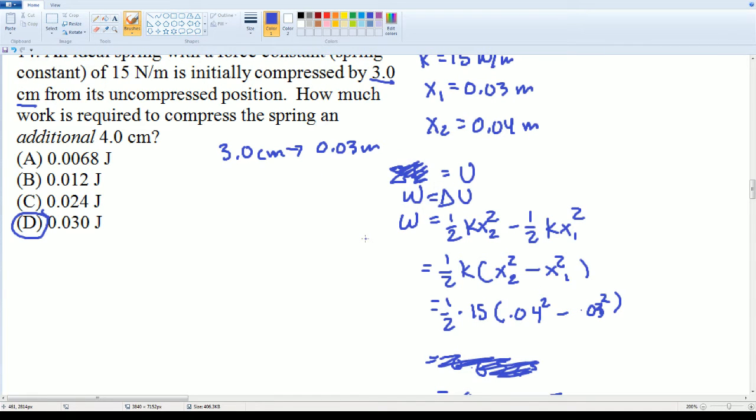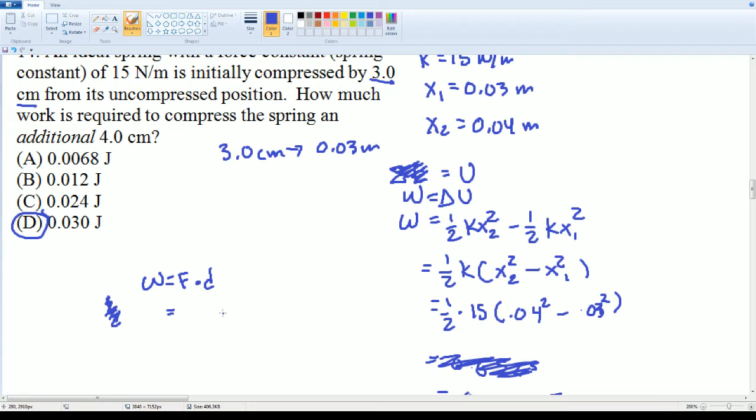How much work is done to compress? I could have done it this way though. Wait, what? No. Hold on. Work is just force times distance, right?